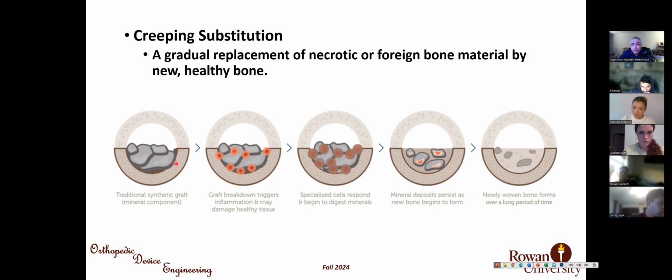There is no union. If it was to be a union, the interface between the bone graft and the normal bone of the person must unite. But it doesn't happen. The body attacks this dead bone or the bone graft, resorbs it, and replaces it with new bone. This is called creeping substitution.